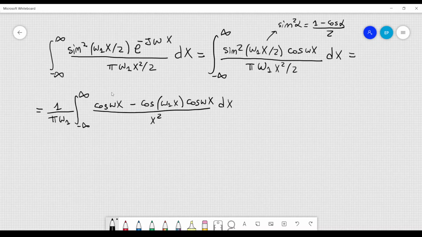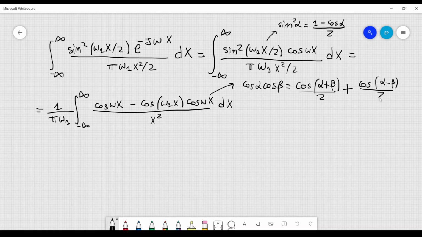And now, the first integral I will just rewrite like that, but I will split the integral into 3 parts, not just 2, because the cosine of omega 1 x times the cosine of omega x can be rewritten like this. So in this case, I'm going to use the formula cosine alpha times cosine beta is equal to the cosine of alpha plus beta over 2 plus the cosine of alpha minus beta over 2.